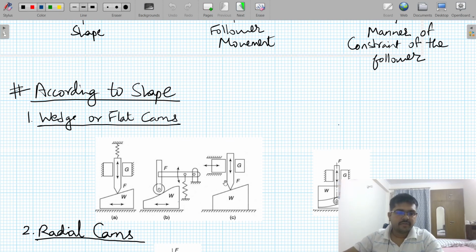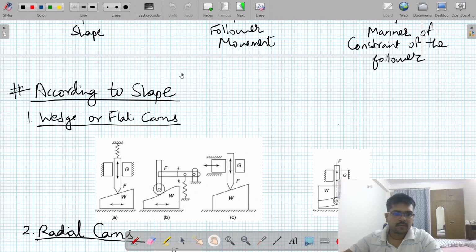So we have a wedge here, like a slanting surface, you can say. Just a second, let me take my pointer.